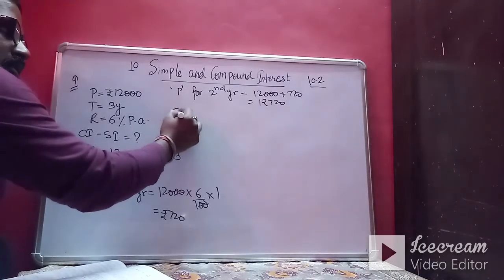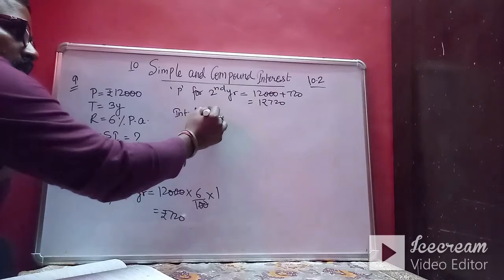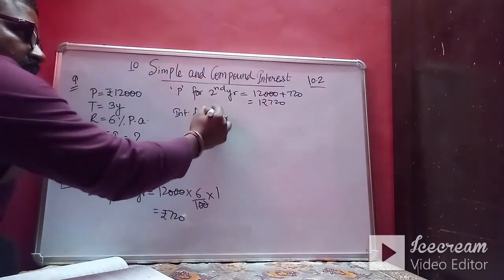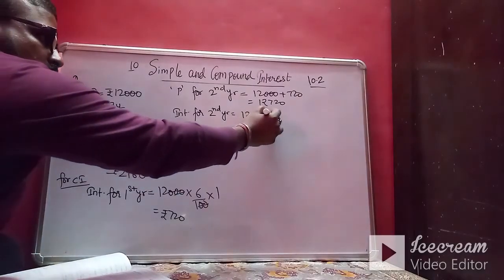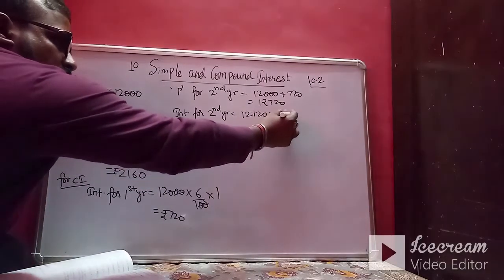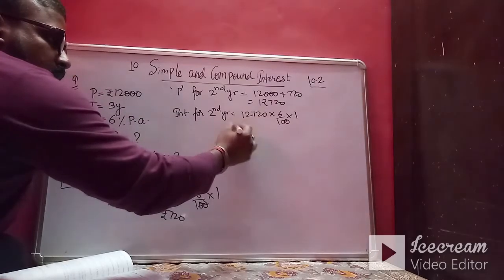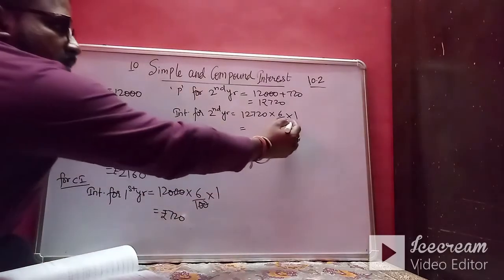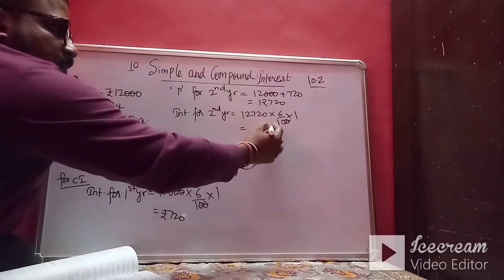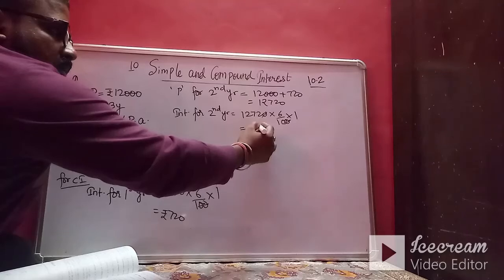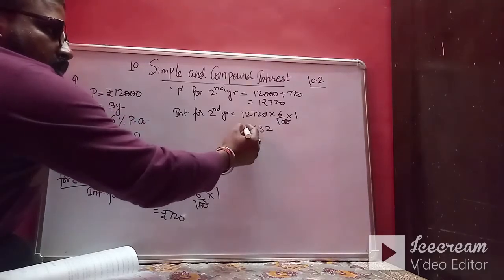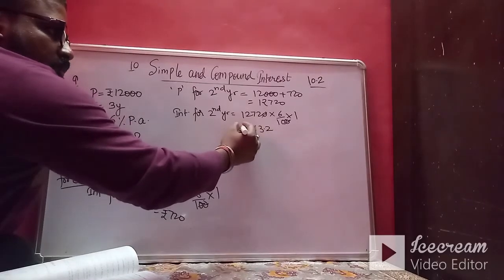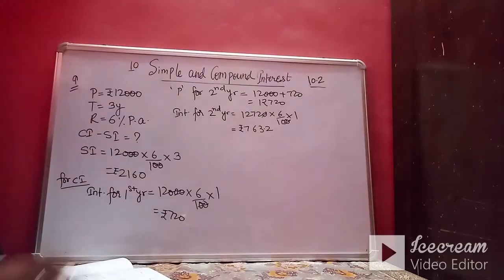Then we will calculate interest for second year, that is 12,720 into 6 upon 100 into 1, that is 763 rupees and 20 paisa.